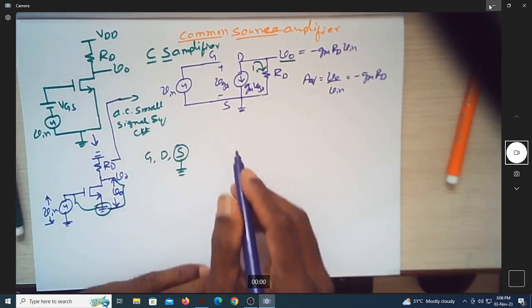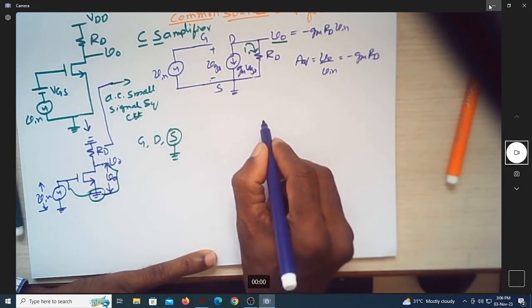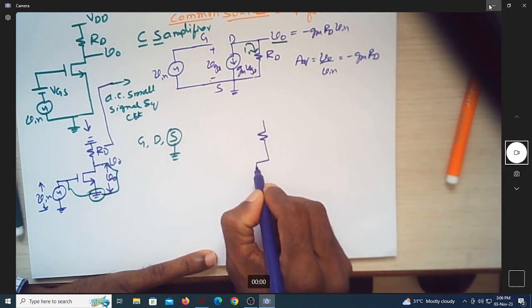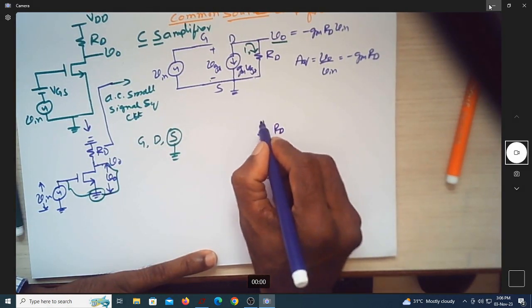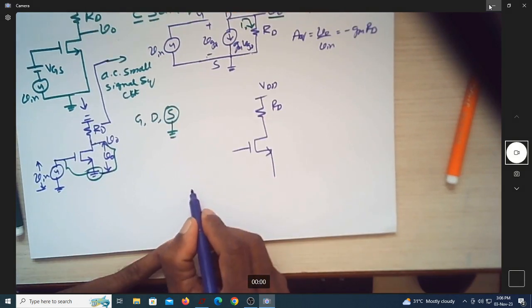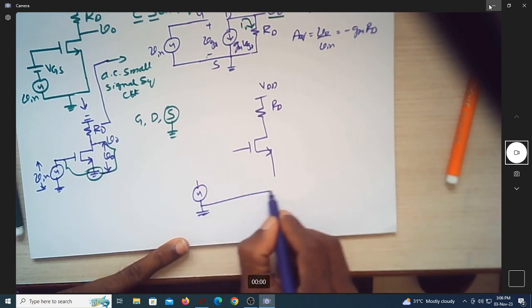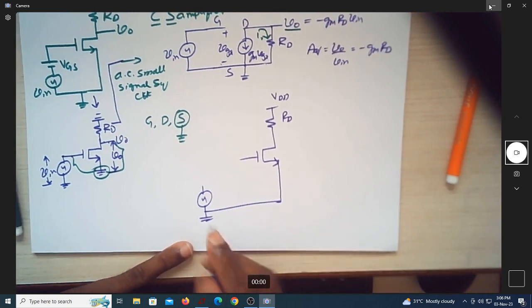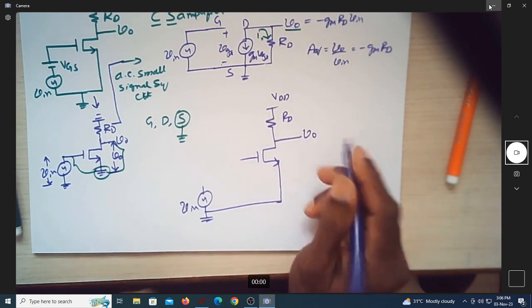So instead of having this, we will retain this part of the circuit as it is. You can see here I am retaining this circuit. This is RD, this is VDD here, and I'll have the input also as it is. So this is my input, and this is the output point.